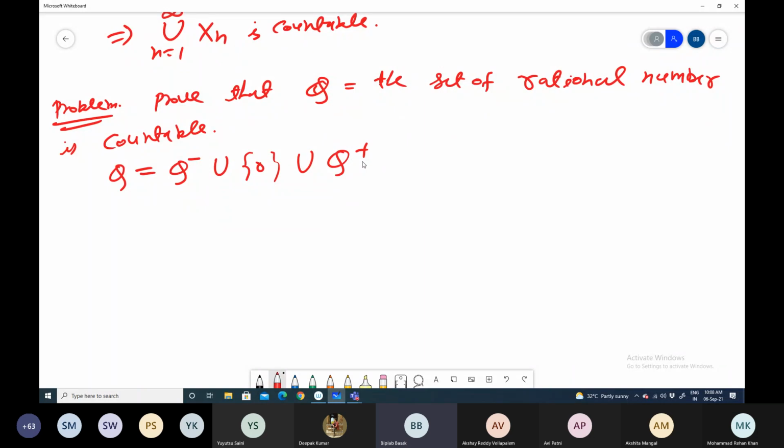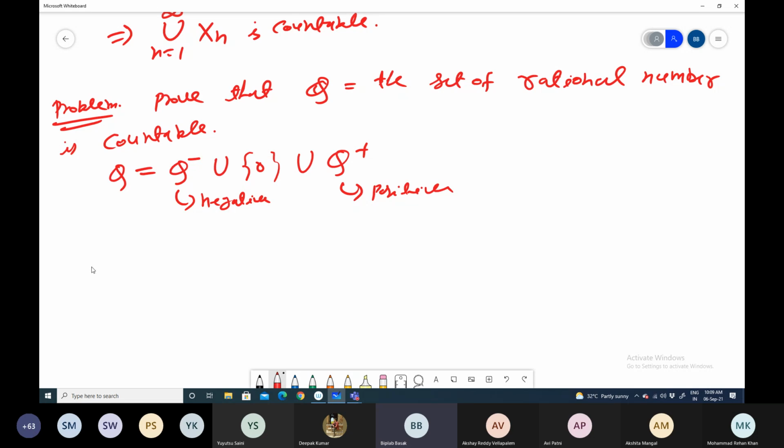This one is positive, this is negative, and we exclude the 0. So that is fine. You can try with Q directly, but I always prefer to split in that way.